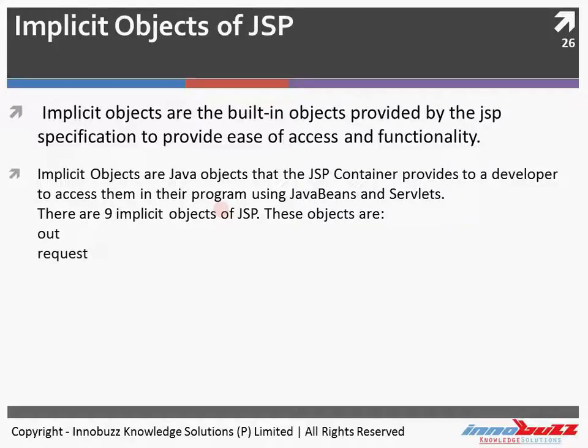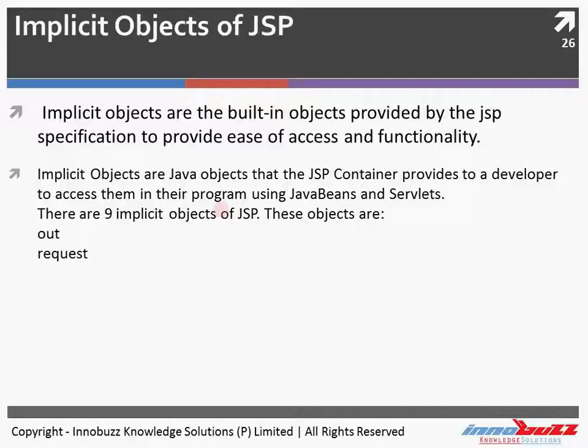Next is the request. The request is used as a reply to the request from the client. It is an instance of the javax.servlet.ServletRequest interface. What it does is encapsulate the request coming from the client and being processed by the JSP.